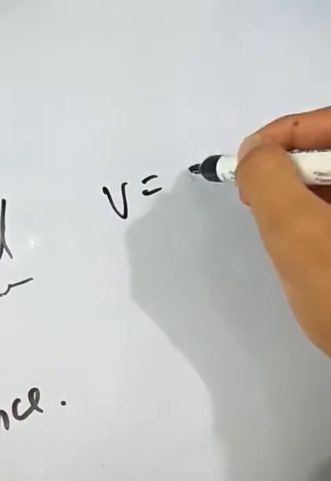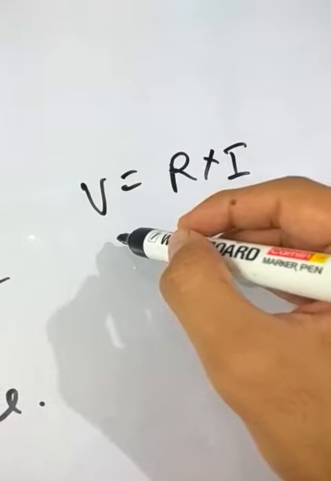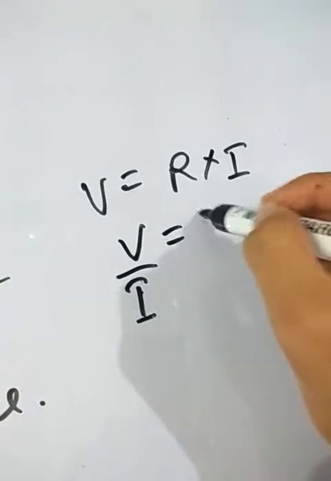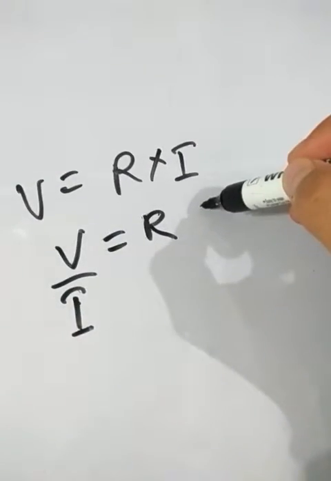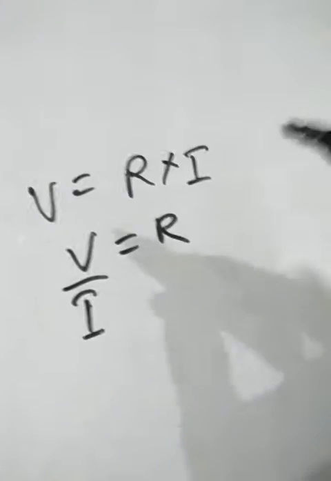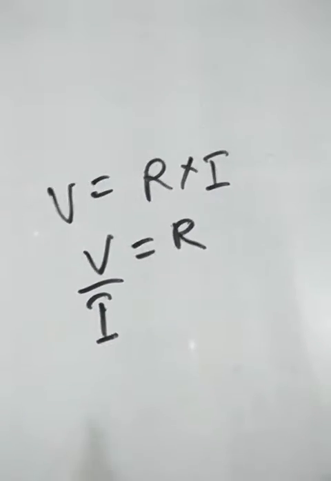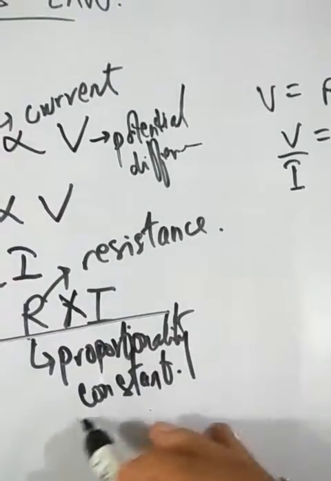If V equals R into I, we write V by I equals R, resistance, which is constant. Why constant? First of all, it has been introduced as a proportionality constant.